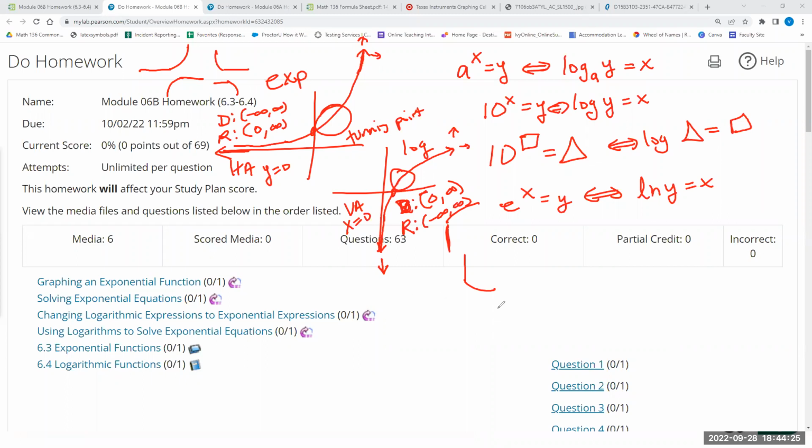That corresponds to a new domain rule: whatever's inside the logarithm has to be greater than 0, not greater than or equal to like the radical, but strictly greater than 0. It doesn't matter what's outside the logarithm, that has no effect on the domain. Just what's inside the logarithm has to be positive.